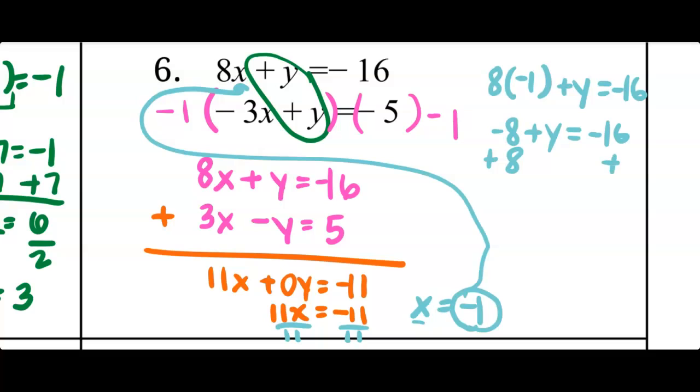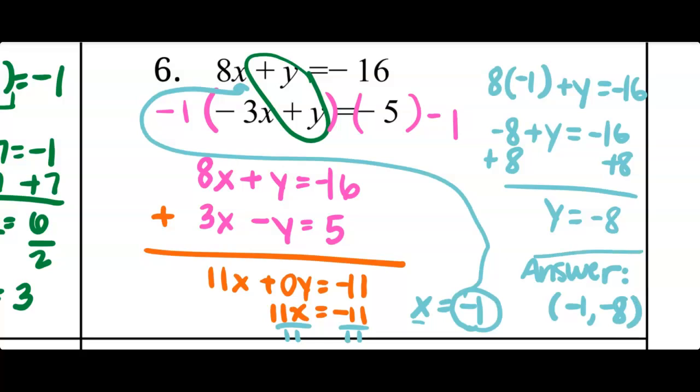Adding 8 to both sides gives me that y is equal to -8. So my final answer is the point -1, -8. Again, I have two lines intersecting at one point, and that point is -1, -8.